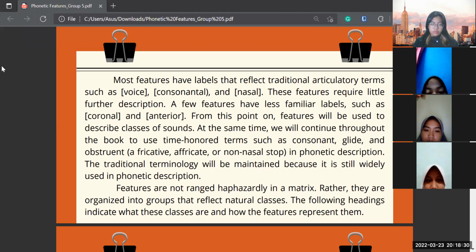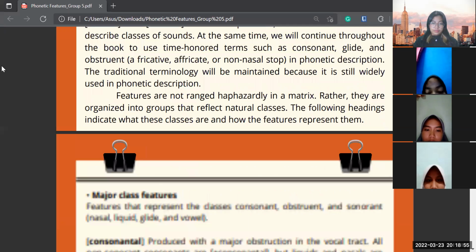The traditional terminology will be maintained because it is still widely used in phonetic description. Features are not ranked haphazardly in a matrix; rather, they are organized into groups that reflect natural classes. The following headings indicate what these classes are and how the features represent them.